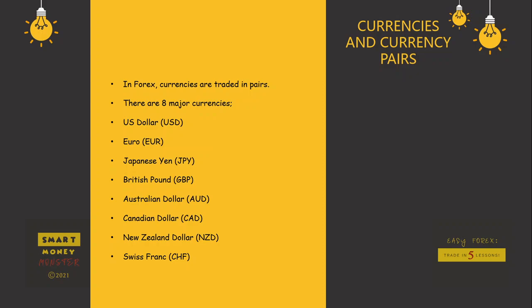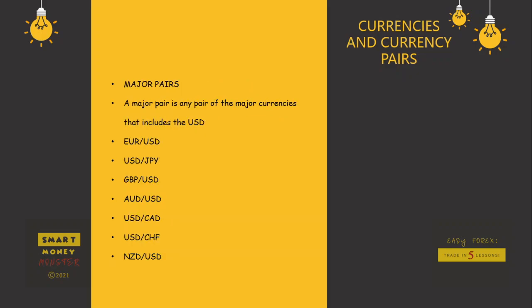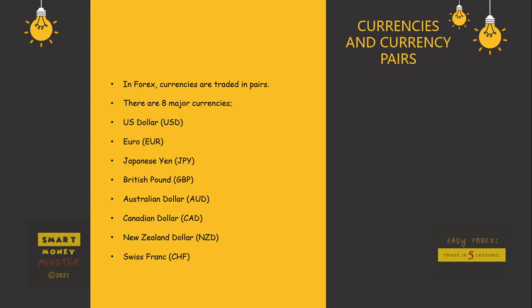So now going to the pairs, you can divide currency pairs into three categories basically. You have major pairs. What are major pairs? A major pair is any combination of these major currencies that includes the US dollar.